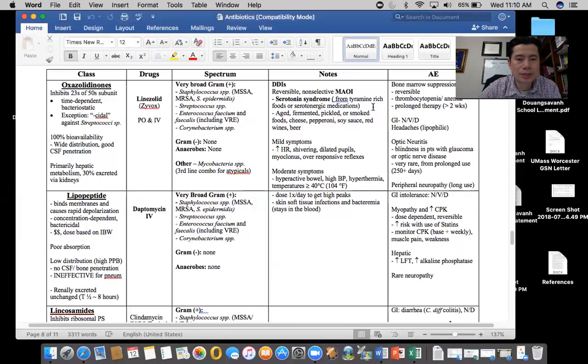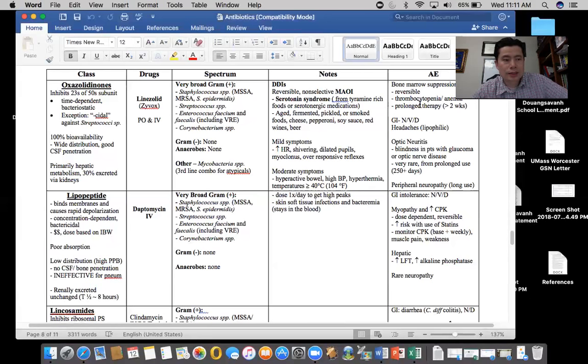Tyramine-rich foods are things like sardines and fermented stuff: pickles, smoked cheese, and pepperoni. Be careful because you have an increase in serotonin, so you have too much of it lying around when you're taking this antibiotic coupled with certain MAOIs.